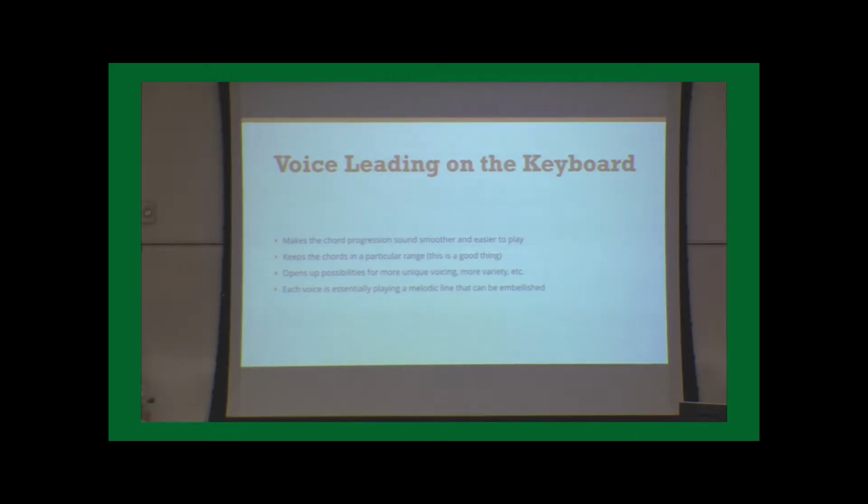For example, if I go from a C chord in root position to an F chord in second inversion, let me show you this way. It'll be easier.